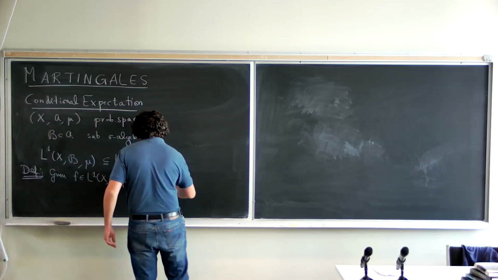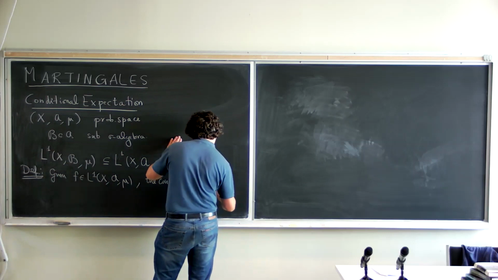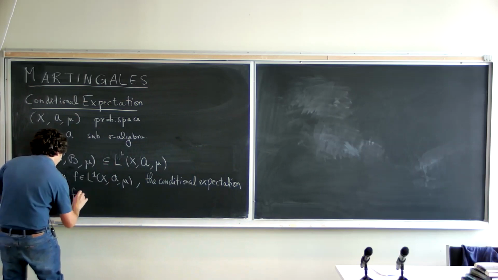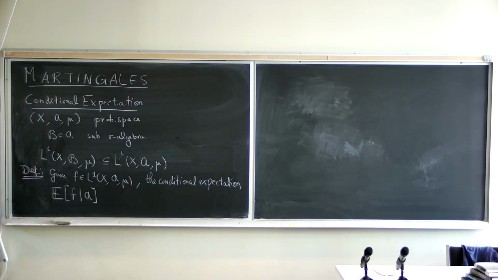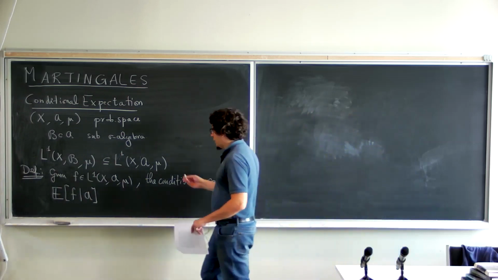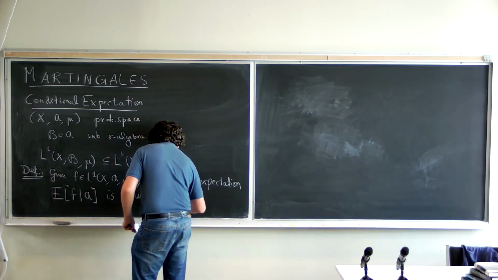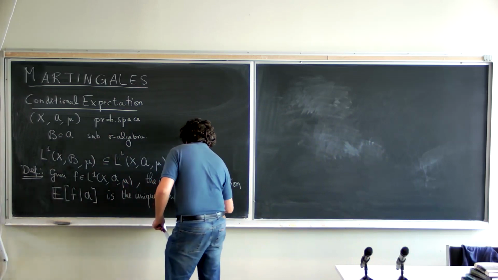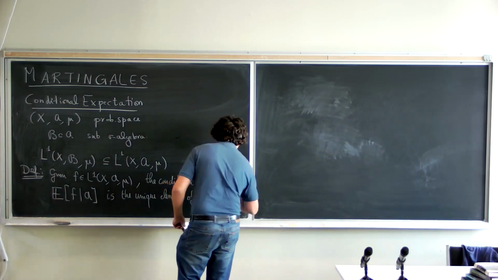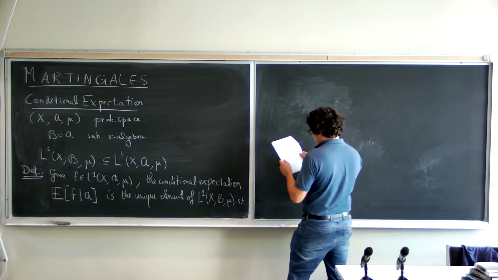So the conditional expectation is a function which we call E of f given B. And this is the only function that satisfies the following property: it is the unique element of L1 of X, B, mu, such that it has two properties.